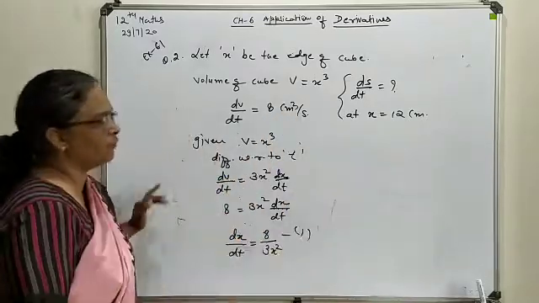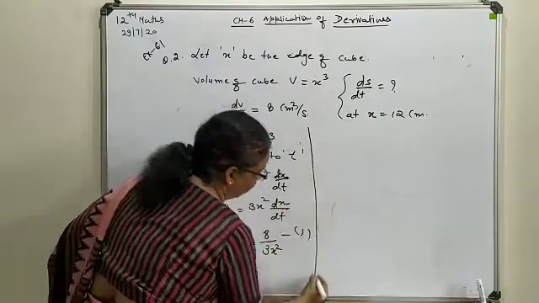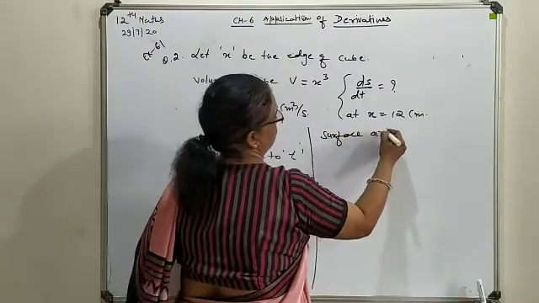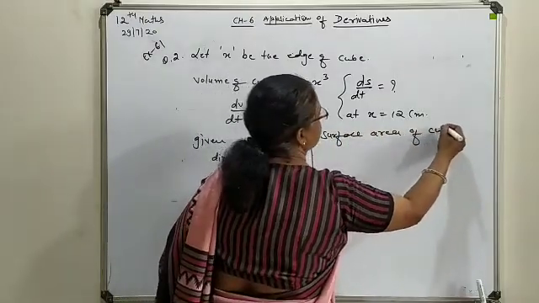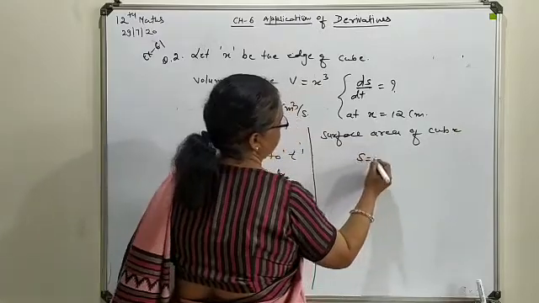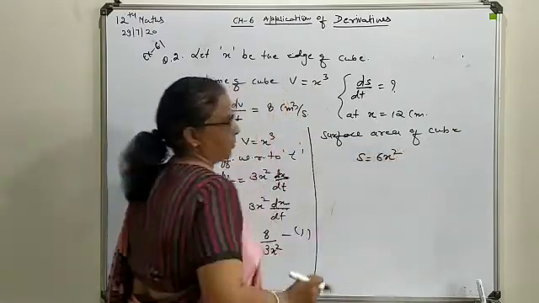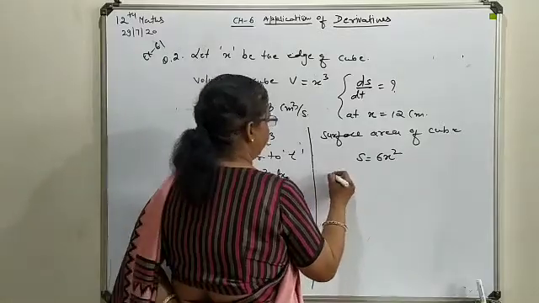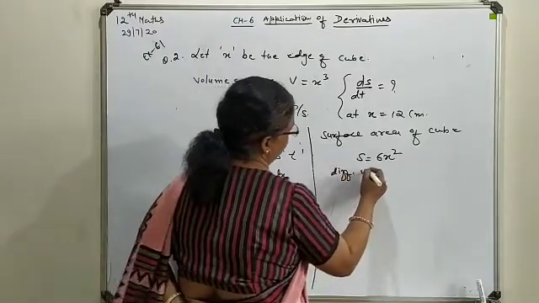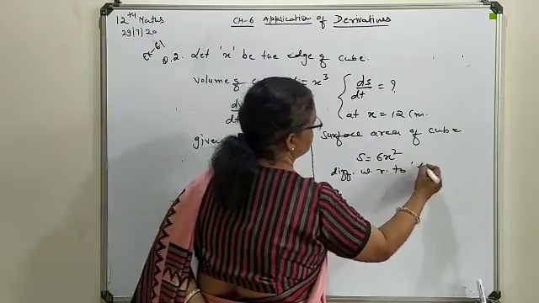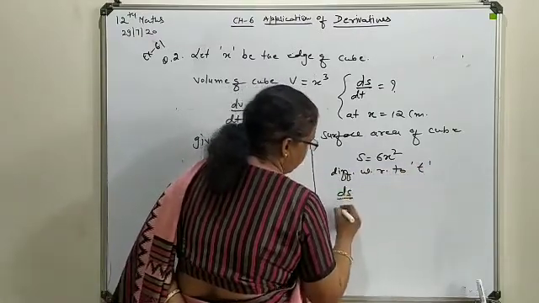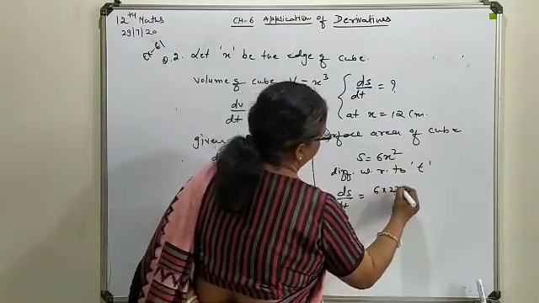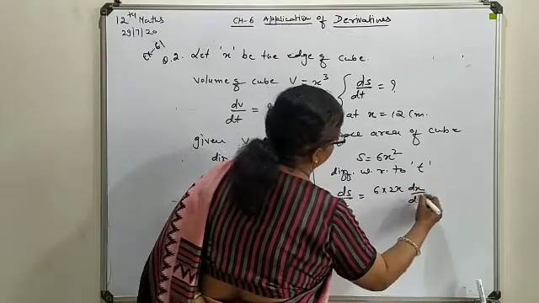Now the surface area of the cube, S, that is 6x square. Now on both sides differentiate with respect to time. dS by dt, on differentiating, will give you 6 into 2x dx by dt.